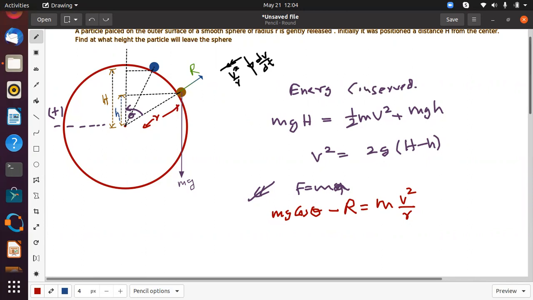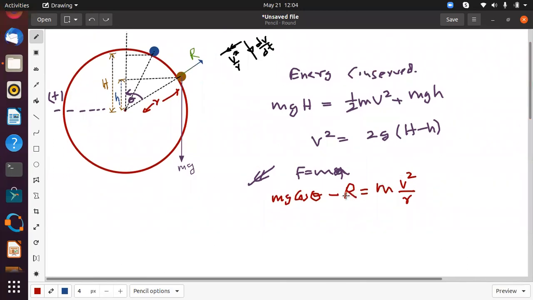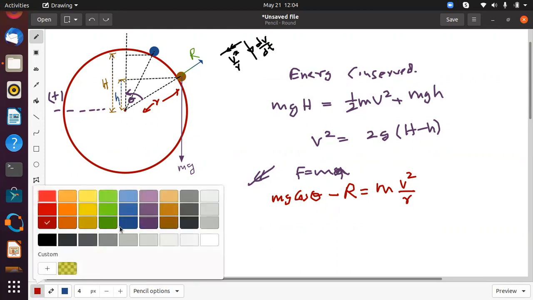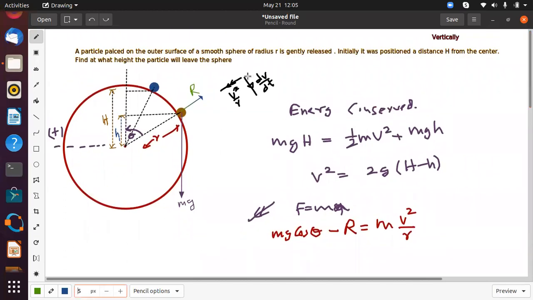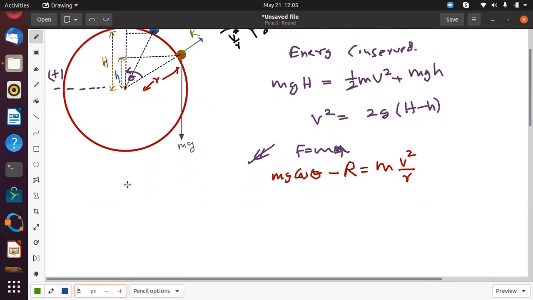Now this equation consists of this reaction force as well, the normal reaction. So what is R? Now we have to find the height at which the particle will leave the sphere. This is the sphere and this is the particle, and it is in contact with the sphere.